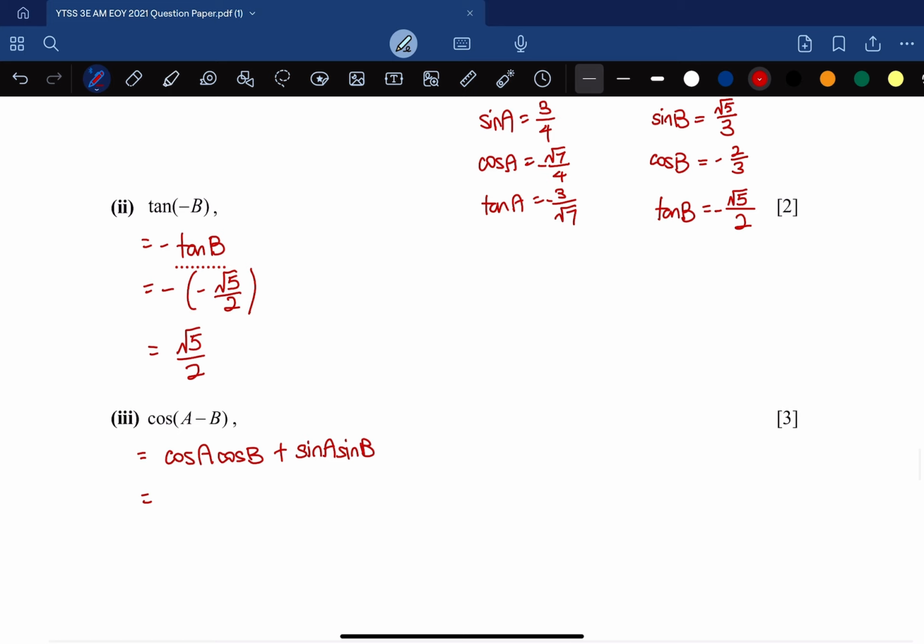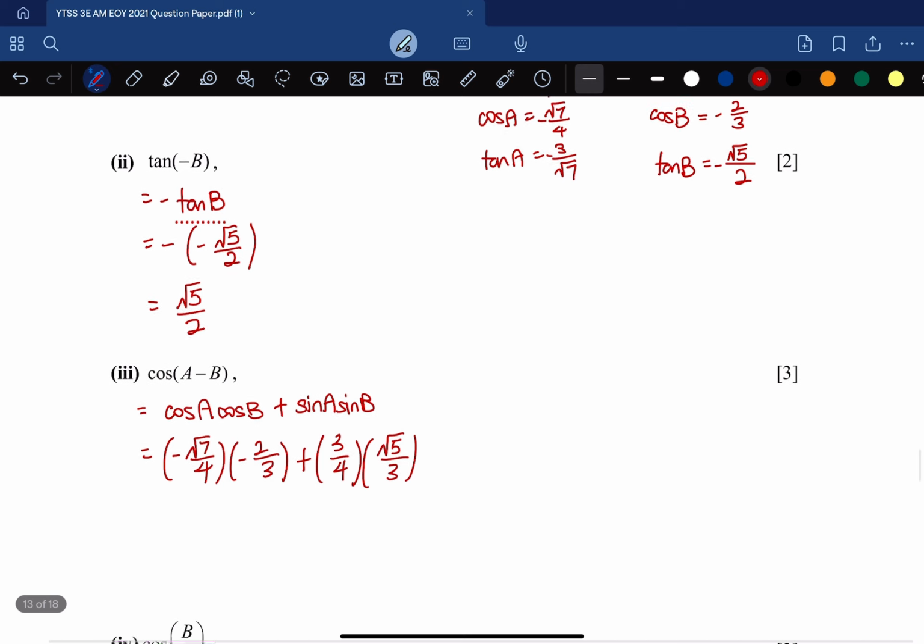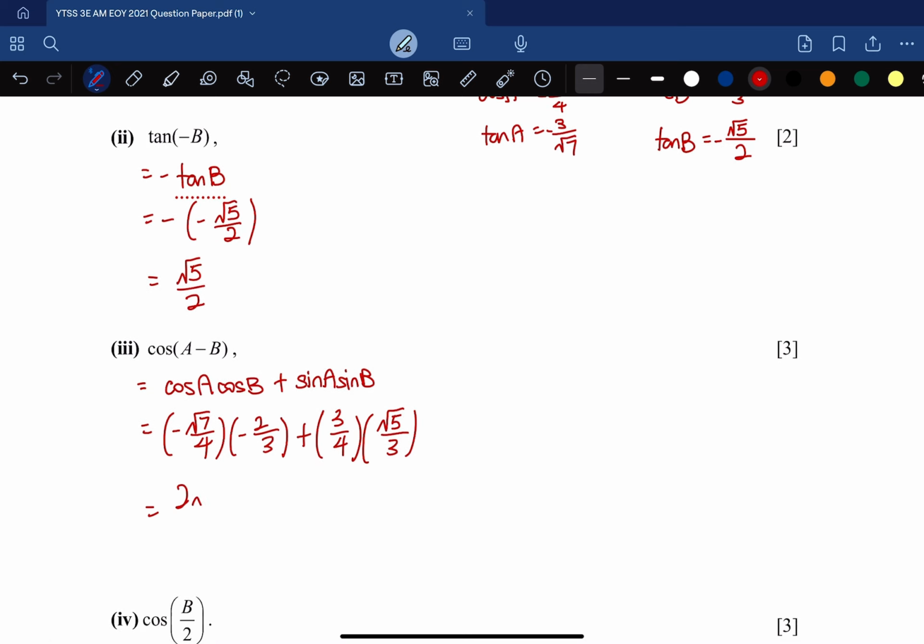Cosine A is negative root 7 over 4, cosine B is negative 2 over 3, then plus sine A, which is 3 over 4, and sine B is root 5 over 3. Simplify everything, you should get 2 root 7 plus 3 root 5 over 12. This is for part 3.